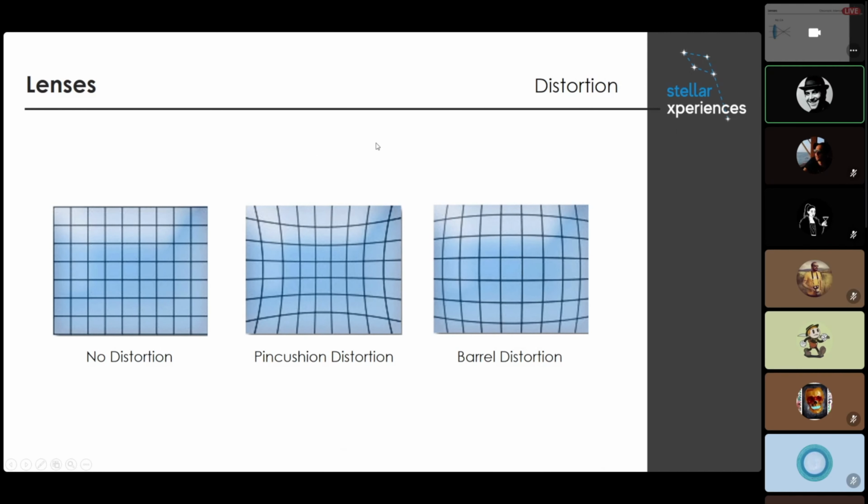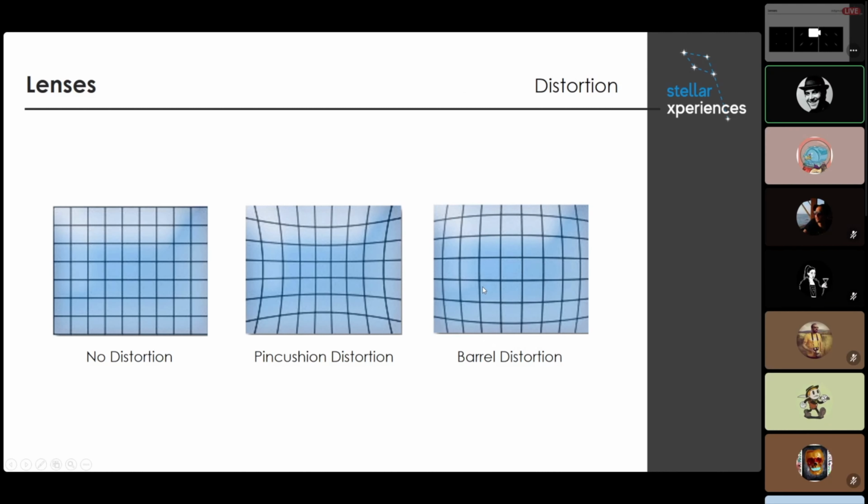One of the other types of aberration, which doesn't bother us as much as the others, because it can be fixed almost totally during post-processing, has two types, actually three types, but these are the two most common: pincushion and barrel distortion, especially in wide-angle lenses.